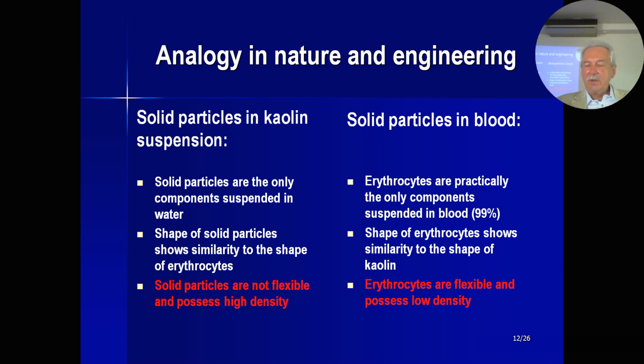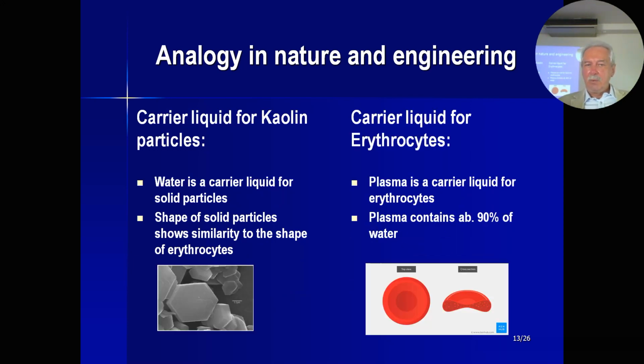So if we consider carrier liquid, in kaolin the carrier liquid is pure water, while in blood, this is plasma, which, as I mentioned before, possesses more than 90% of water.